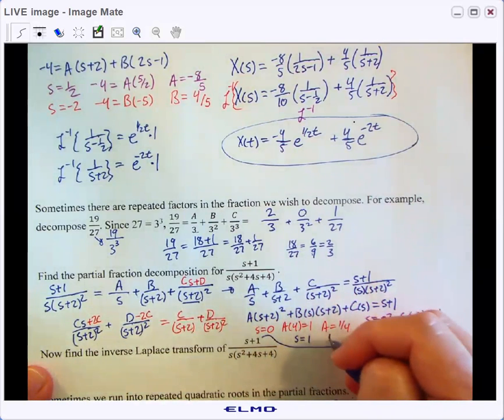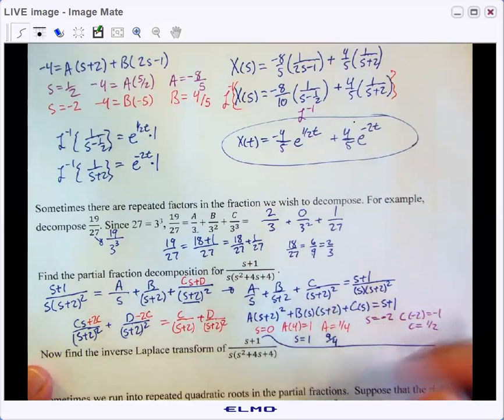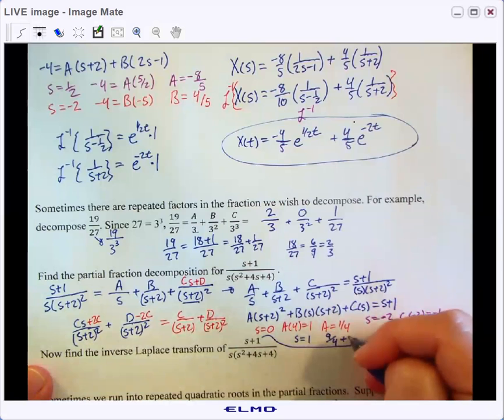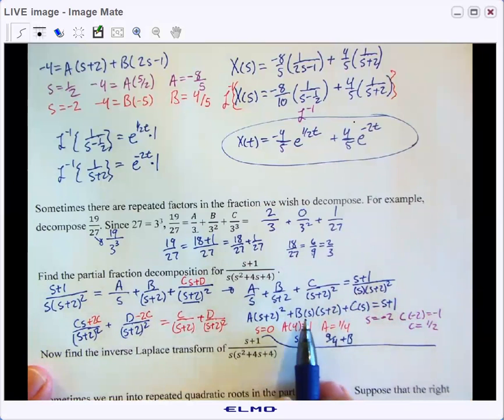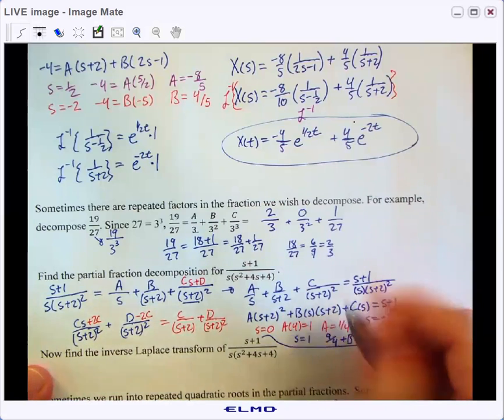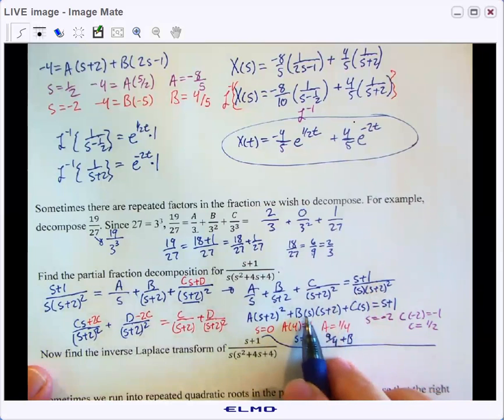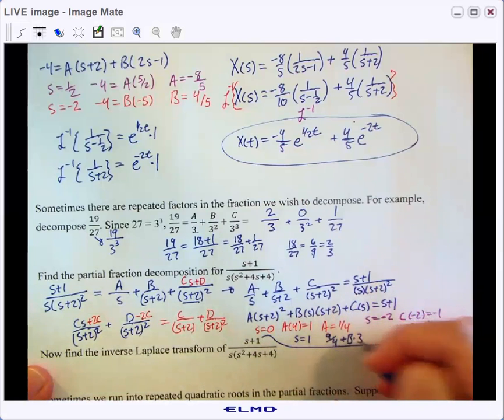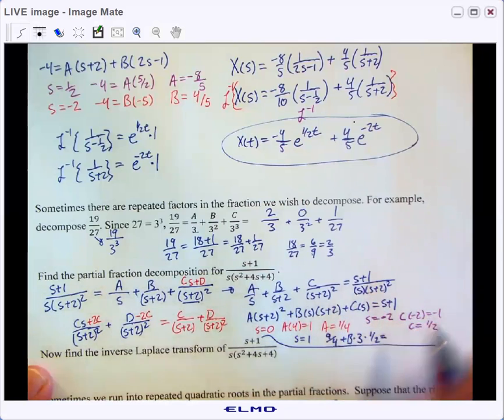So we'll have 1/4 times 9, or 9/4, plus b times 1 times 3, which is 3b, plus c, which we know to be 1/2, times 1, so this is going to be 1/2, and that will equal 1 plus 1, or 2.